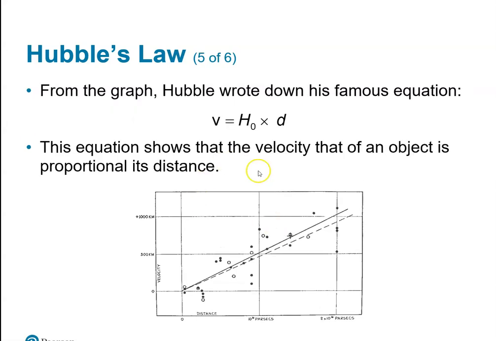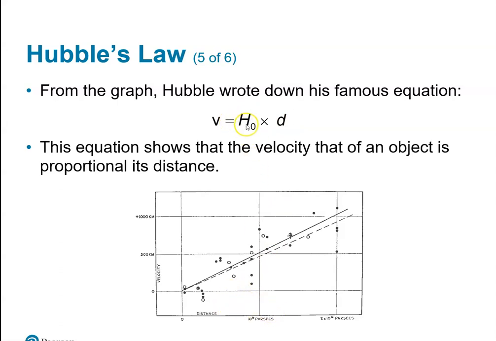And so it can be seen very easily in this equation, where the velocity of a galaxy, which is actually better described as the recession velocity, is equal to a constant, which is just the slope of this line, times the distance to the galaxy.